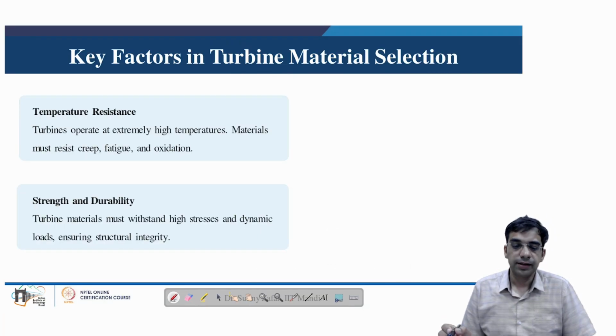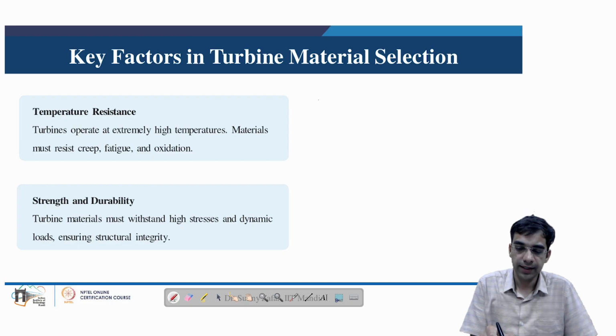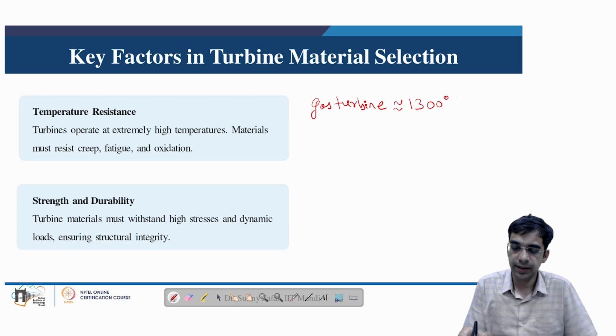So the key factors in turbine material selection. So these key factors include temperature resistance, in which the turbines, especially the gas turbines and the steam turbines, as we know, are operating in a high temperature range. The gas turbine, for example, is operating in a temperature range of approximately 1300 degrees centigrade.